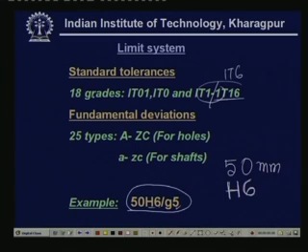So, that means this tolerance grade is 6th grade. Similarly, this G5 represents that you have used G as the fundamental deviation, where you are using the 5 as the standard tolerance, as for IT5.